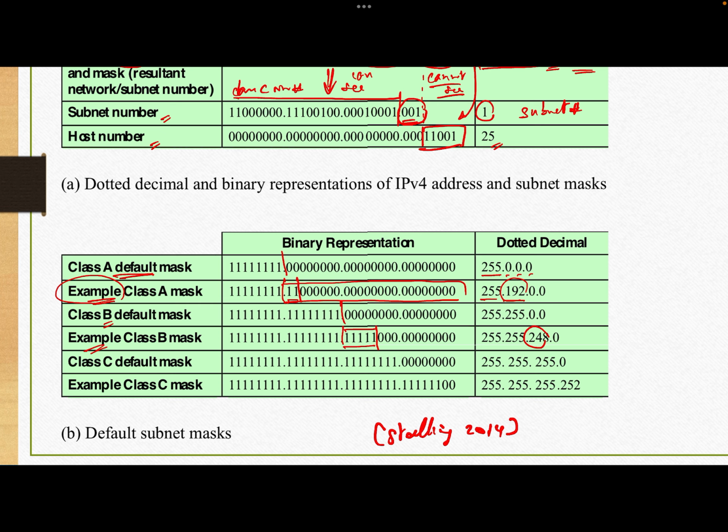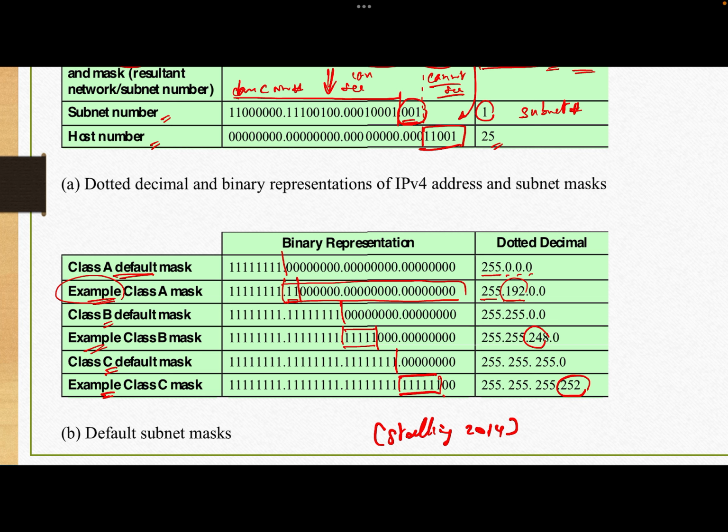You just calculate 11111 and then 000, you get 248. So class C is the first 3 bytes. The example is the first 3 bytes plus this network subnetwork part. So this is 6 bits for the subnet number. So 252.